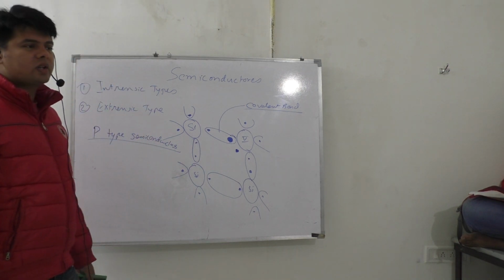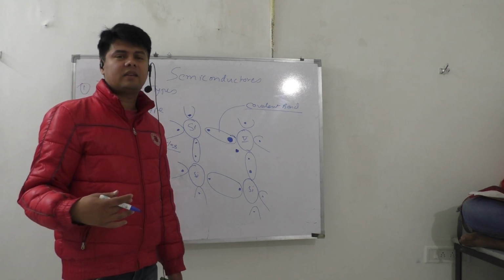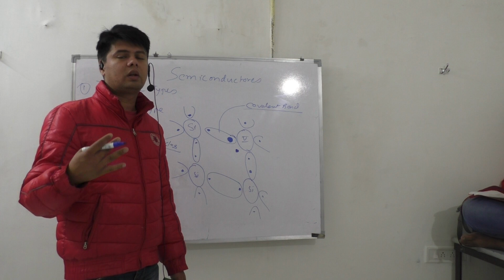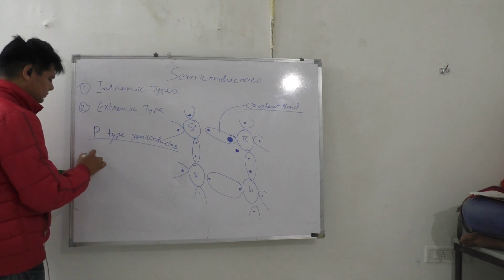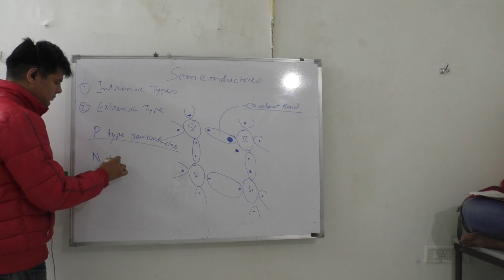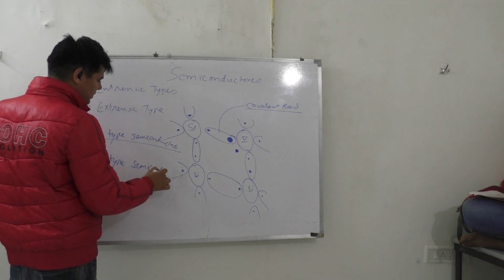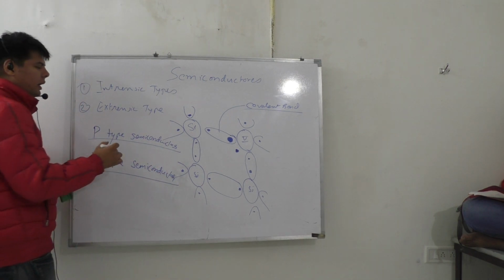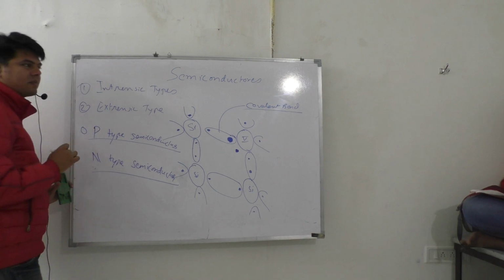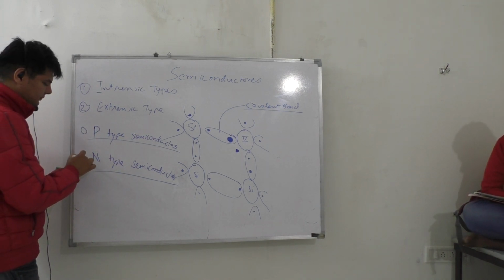So such a structure where the number of free electrons is excessive in comparison to the holes is called the N-type semiconductor. तो P टाइप में क्या होंगे? होल्स होंगे, मैं होल्स को इस टाइप से रिप्रेजेंट कर रहा हूं, और N टाइप में इलेक्ट्रॉन्स.